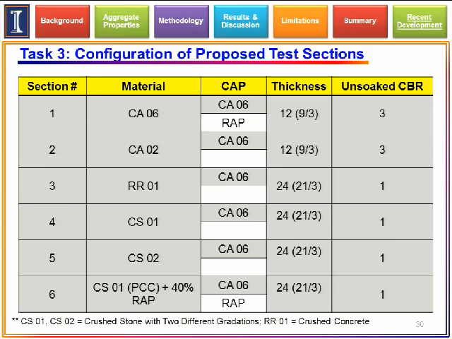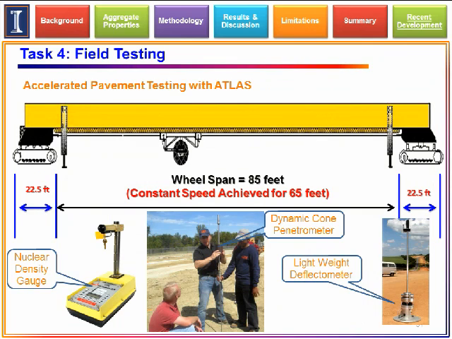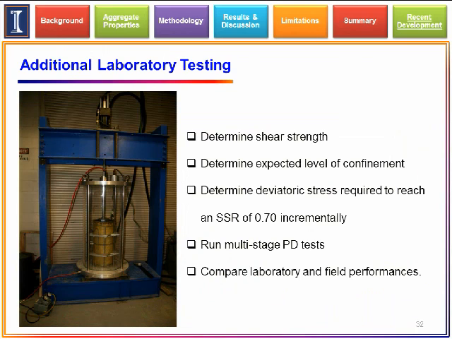So in this project, we will be using crushed concrete aggregates, recycled materials, as well as RAP, recycled asphalt pavement materials. And these are the thicknesses of the corresponding test sections. These are the pictures of accelerated pavement testing with Atlas, nuclear density gauge, dynamic cone penetrometer, lightweight deflectometer.